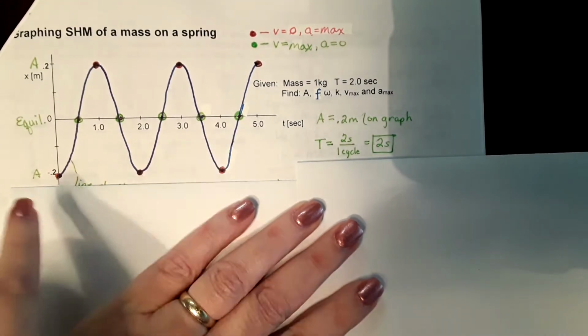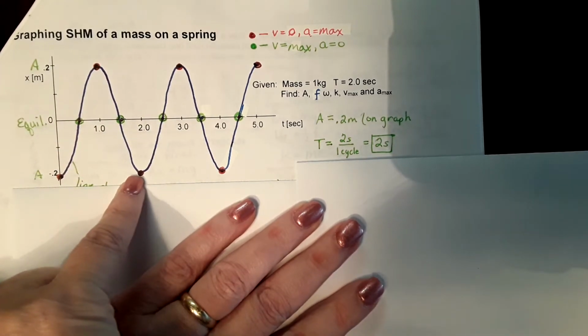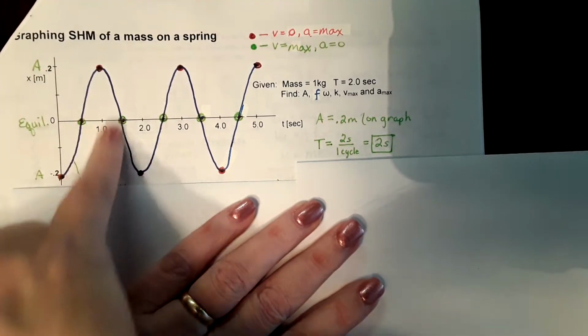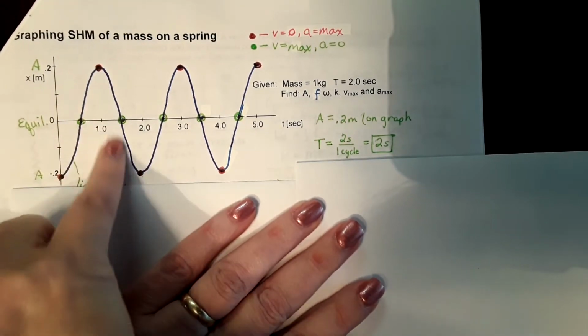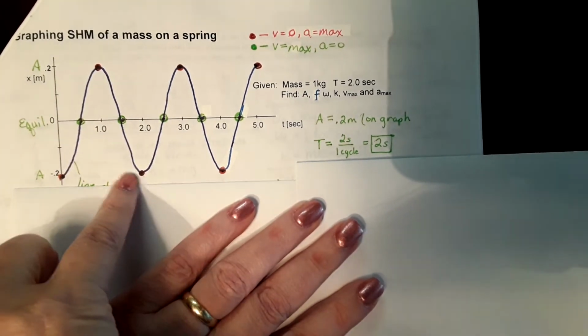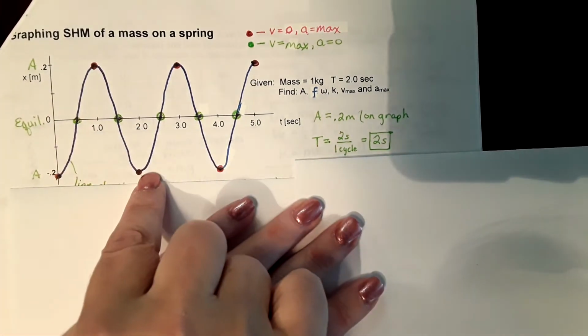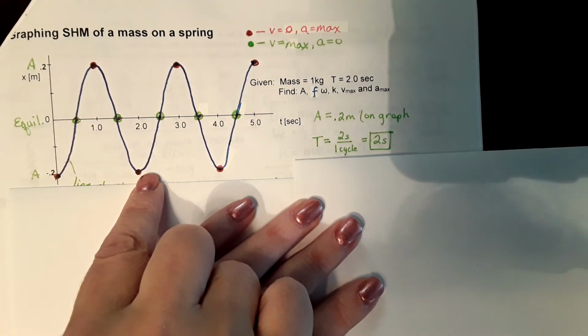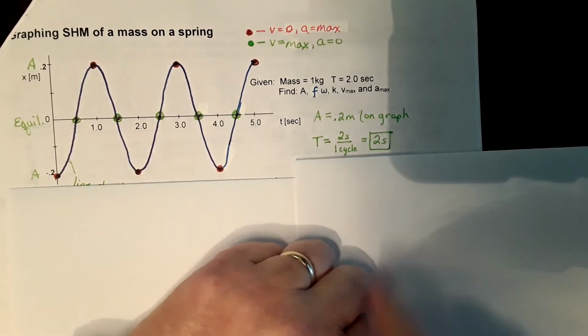You've got the time here. Just look from one point to the very same point when it comes to that same point again. It goes all the way up, comes all the way back down. That takes 2 seconds, for 1 cycle. All right, so the period is 2 seconds.